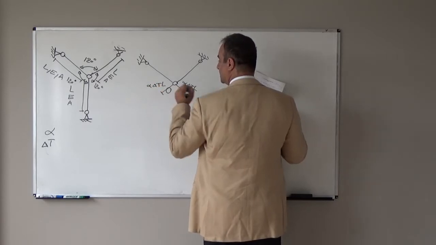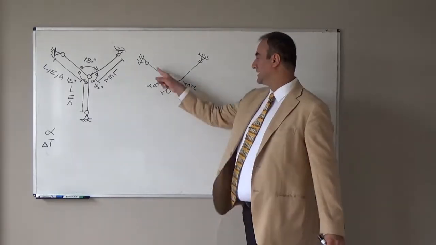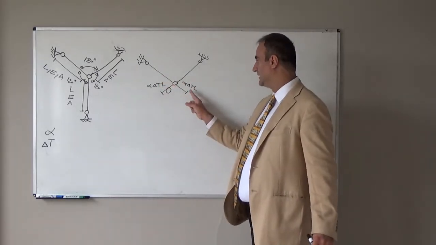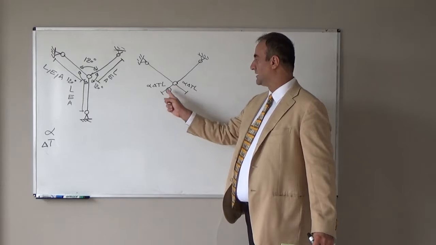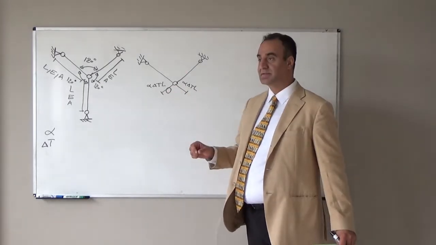So length of each member now is L plus alpha delta T L. So this is new length.